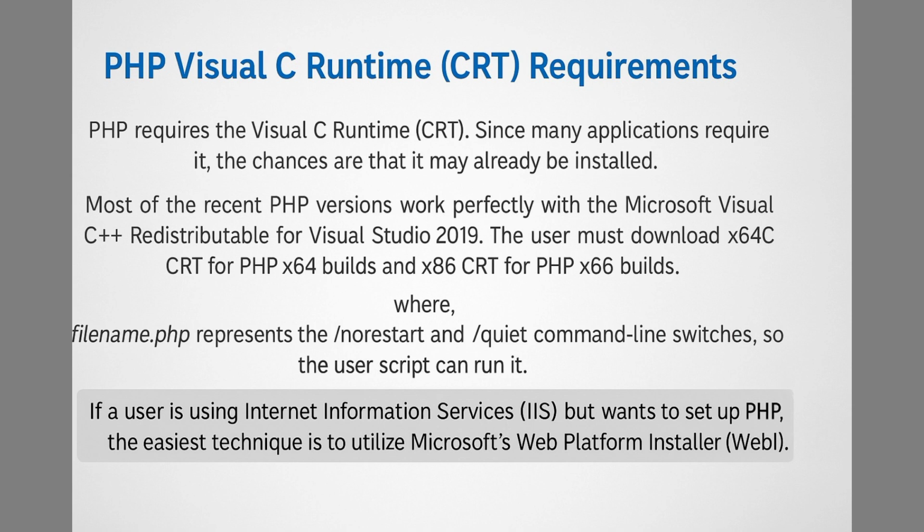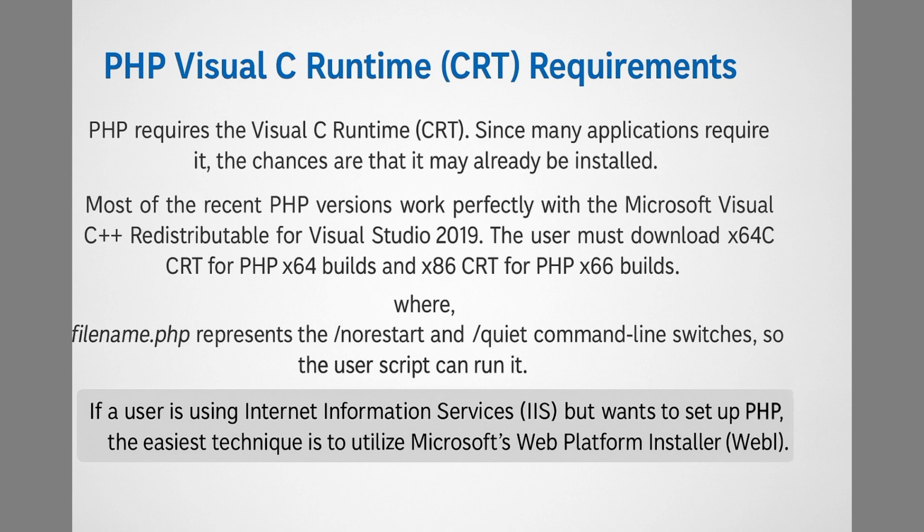However, if PHP fails to run or throws an error related to missing DLL files, it usually means the correct version of the Visual C++ redistributable is not installed. Most recent versions of PHP are built using Microsoft Visual Studio 2019, which means they need the Visual C++ redistributable for Visual Studio 2019 to function properly.